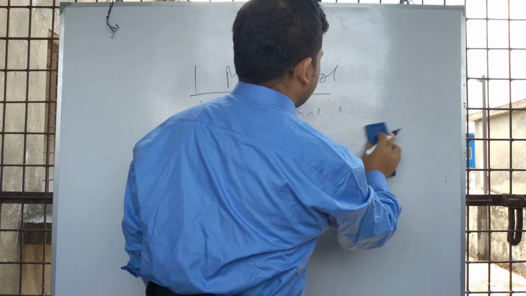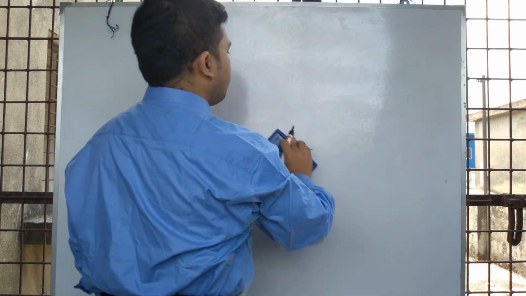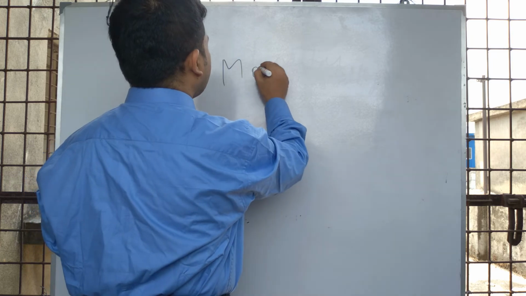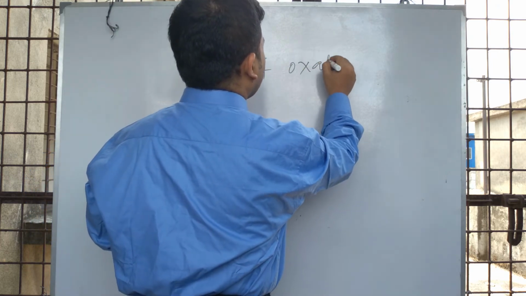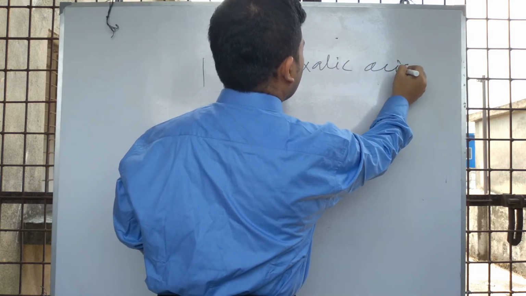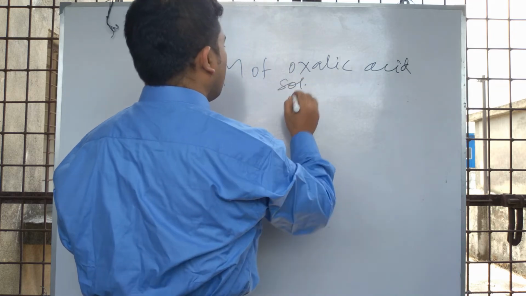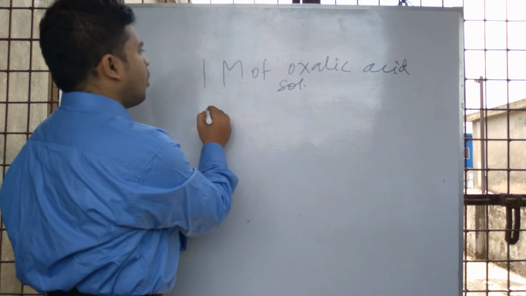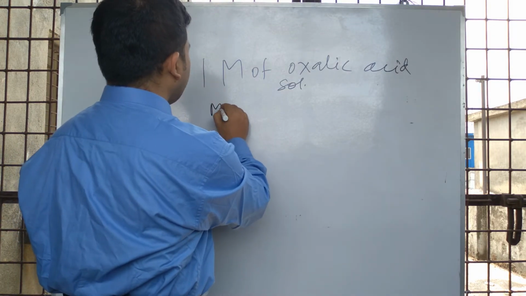For example, a 1 molar oxalic acid solution. A 1 molar oxalic acid solution means the molecular weight of oxalic acid.